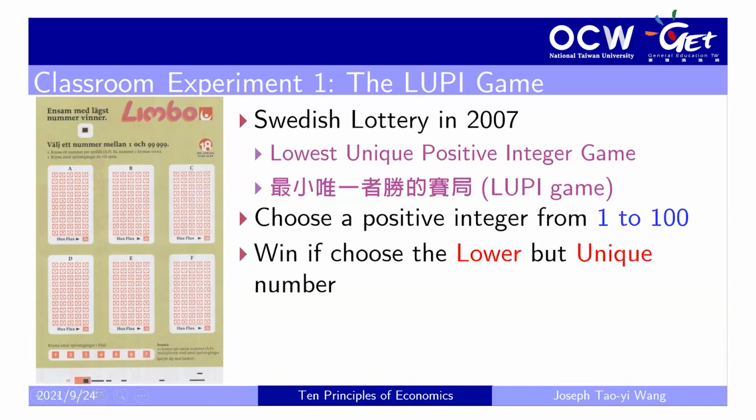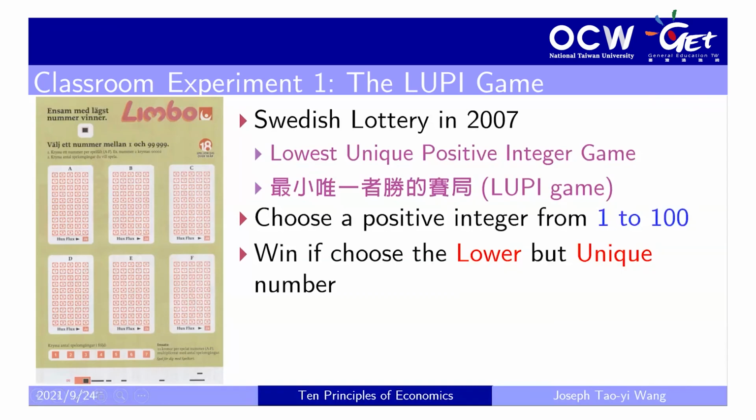You will be the winner if you choose the smallest but unique number. So if you choose 1, and nobody else chooses 1, then you win. If 2 or more of you choose 1, then all of you lose. Then we'll see if anybody uniquely chooses 2.